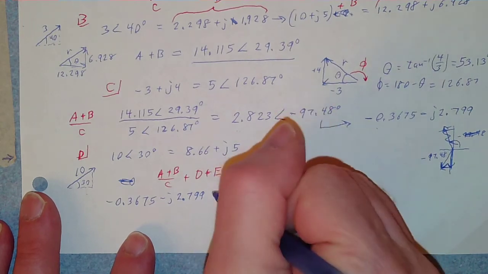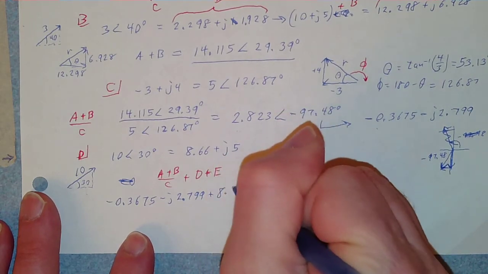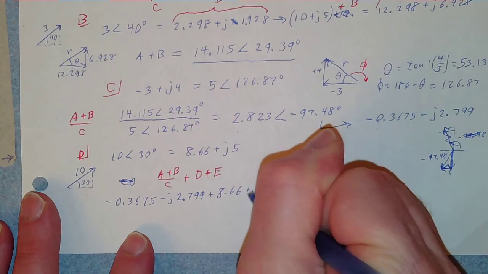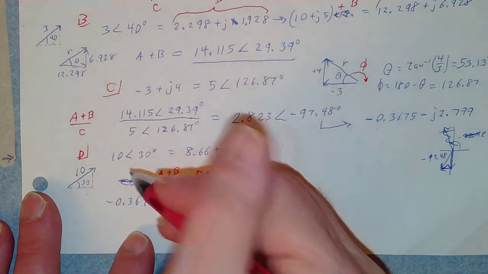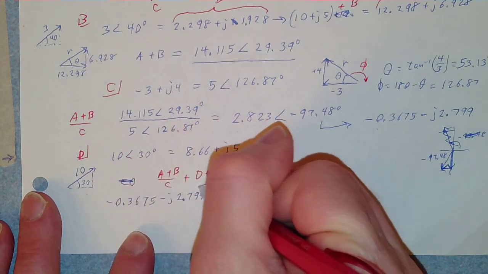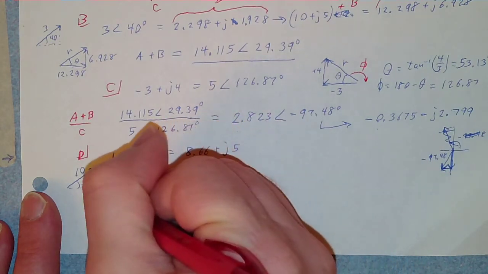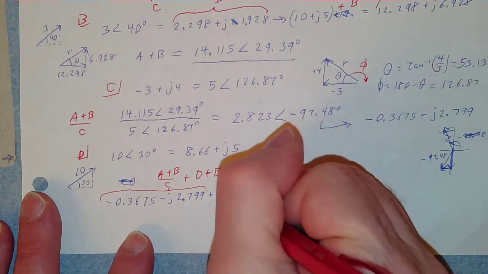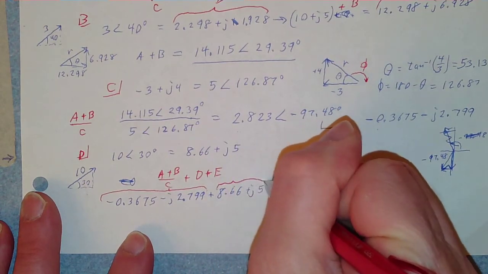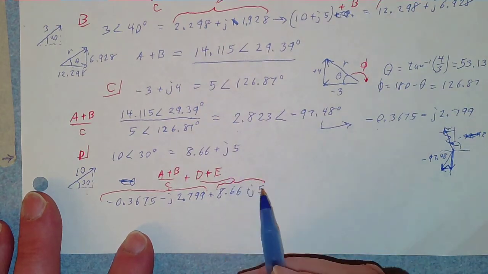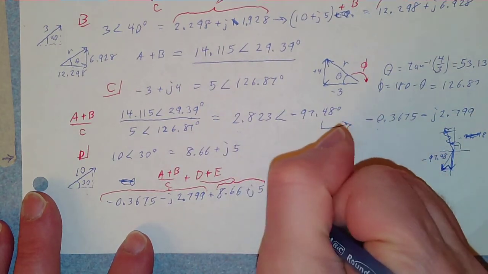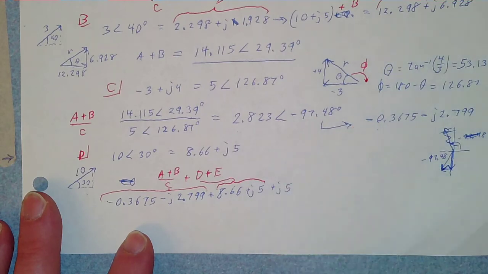Plus 8.66 plus J5. So this is A plus B over C, this is D, and then E is another J5 plus J5.